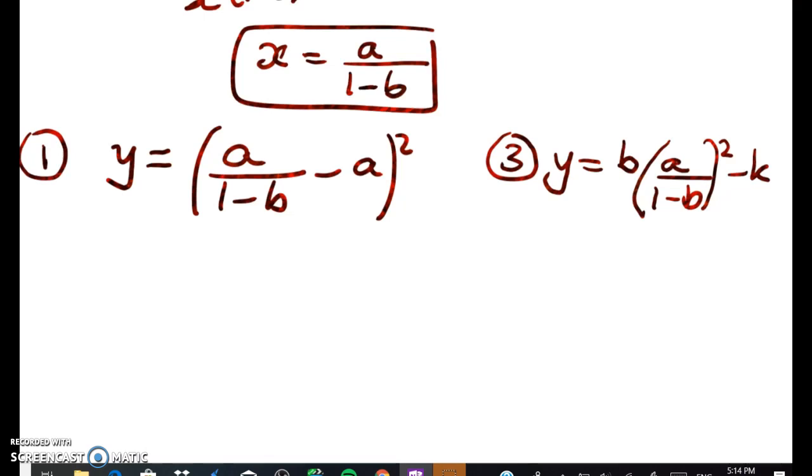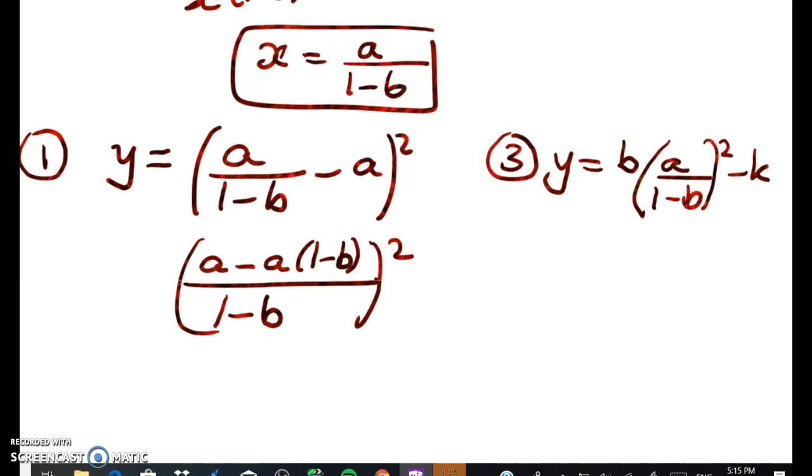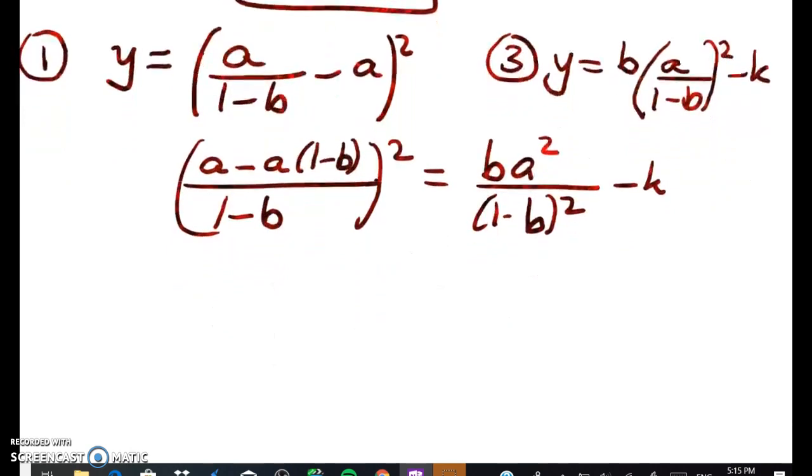Right, so let's just do a little bit of algebra. I'm going to get a common denominator here. So we've got 1 minus b, that is equal to b a squared over 1 minus b squared. Nearly there.